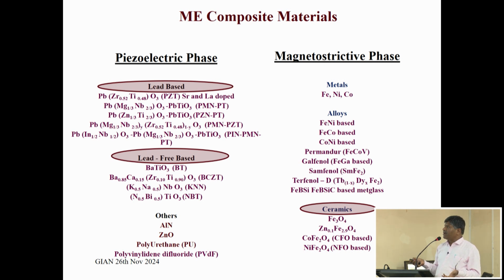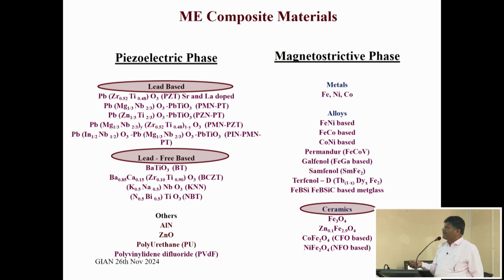In perovskite systems, mainly there are 2 categories of substances. One is lead based. Here everywhere you can see Pb. As far as health issues are concerned, Pb is hazardous. Therefore, people wanted to avoid the use of lead in any of the substances. And the other category of material is what is known as lead free.